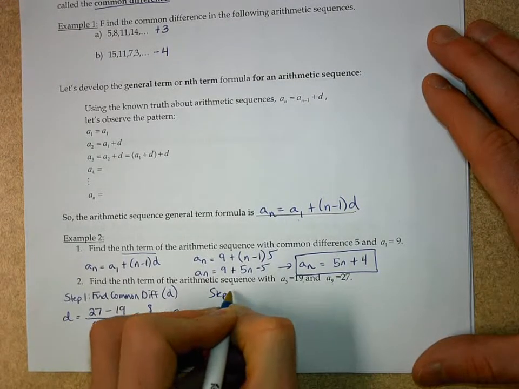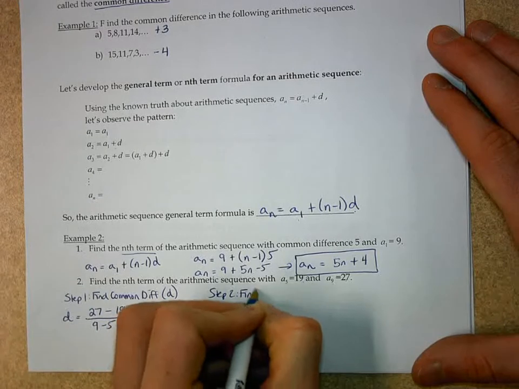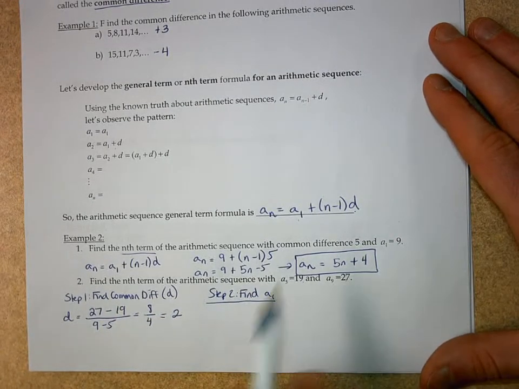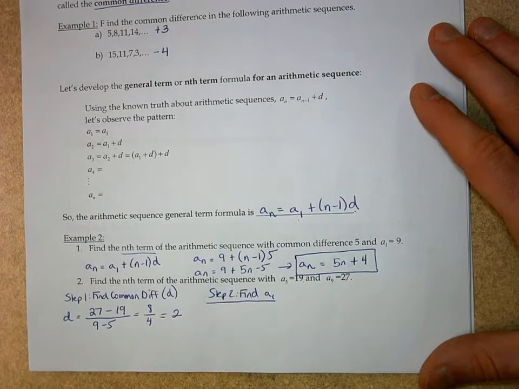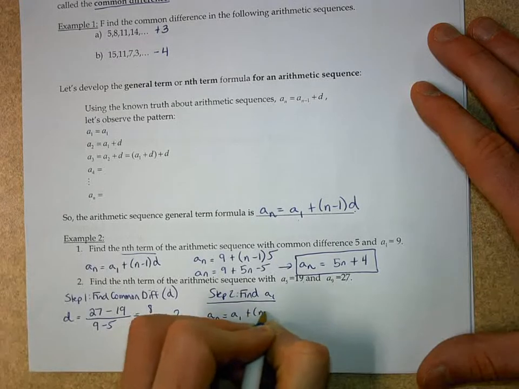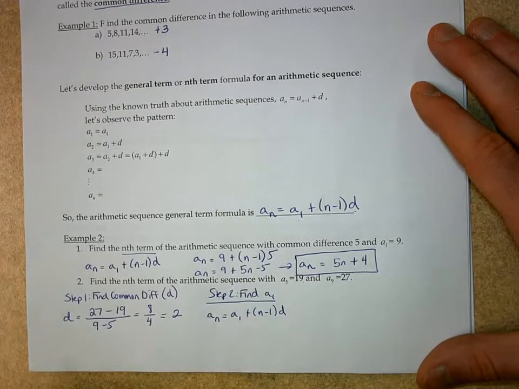The next thing I want to do is find a sub 1. I can use the formula up here to find a sub 1. Let's choose one of the values that we've got, and let's just choose a sub 5 since it's smaller. So a sub n we know is a sub 1 plus n minus 1 times d.